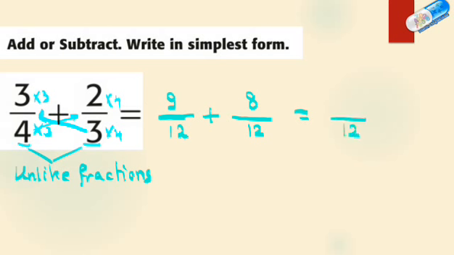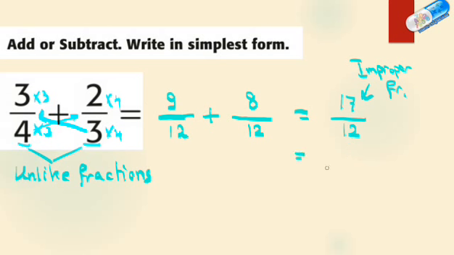Now, because we have the same denominator, we can add. The result would be a fraction with denominator 12 again, and we add only the numerators. 9 plus 8 equals 17. Now, 17 over 12 is the answer, but is it in the simplest form? It is in the simplest form, but it is an improper fraction. An improper fraction is a fraction that has a numerator greater than the denominator.